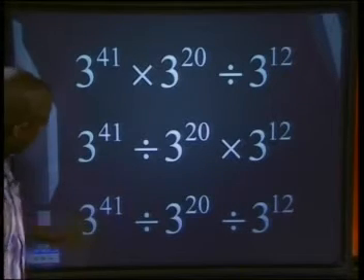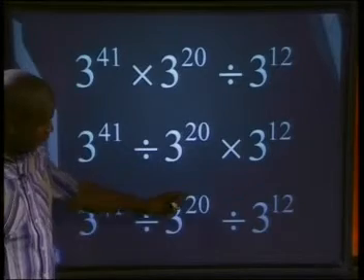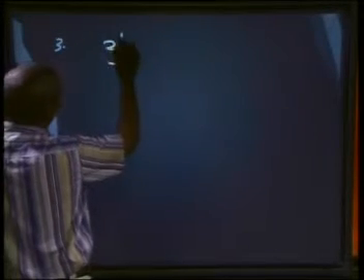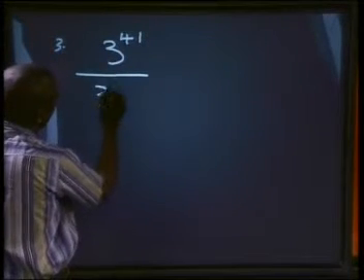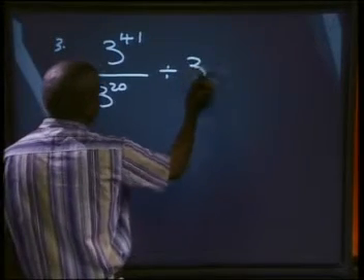And the last one, which is 3 to the power of 41 divided by 3 to the power of 20 and divided by 3 to the power of 12, as 3 to the power of 41 divided by 3 to the power of 20 divided by 3 to the power of 12.